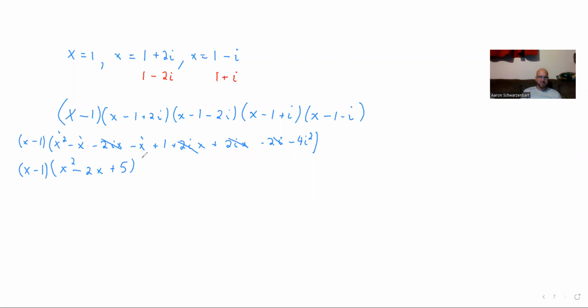x minus 1 there. Now we're going to FOIL this one out. x squared minus x minus ix. Now I'm onto the 1 in the middle times all three, negative x plus 1 minus i. Now I'm onto the i, plus ix minus i.